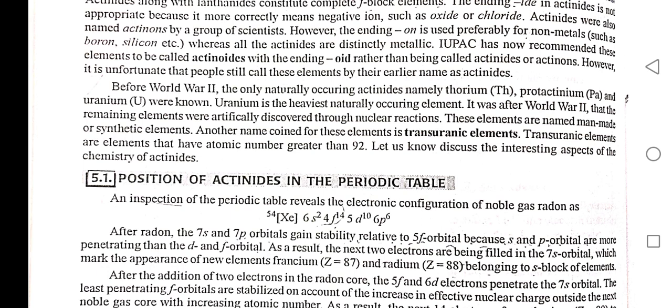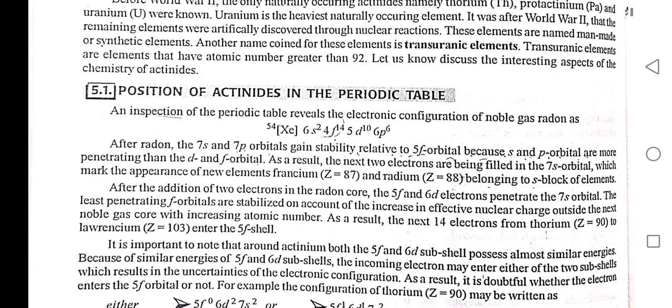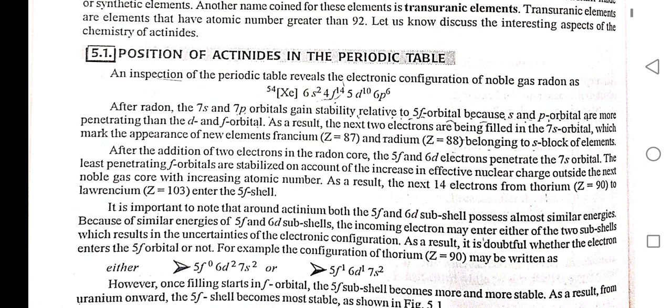Let us now discuss the interesting aspects of the chemistry of actinides. Position of actinides in the periodic table. An inspection of the periodic table reveals the electronic configuration of the noble gas radon, after xenon with atomic number 54: 6s2, 4f14, 5d10, 6p6.